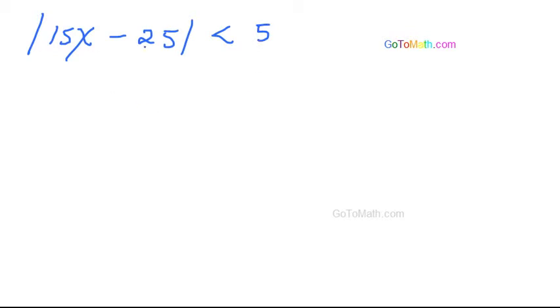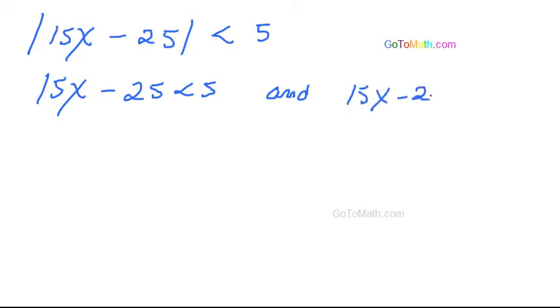Right, so we want to drop the absolute value bars. We've got 15x minus 25 is less than 5, and then remember this is going to be an and. Because think of this as the head of an arrow and it's pointing that way. Okay, so dropping the absolute value bars, we have 15x minus 25, flipping the inequality and making that negative.